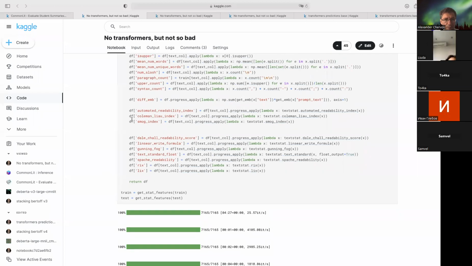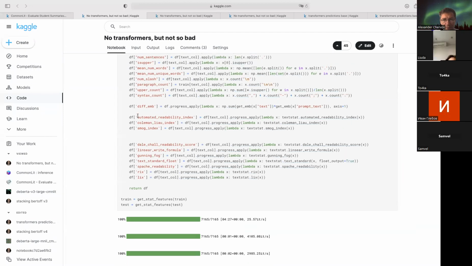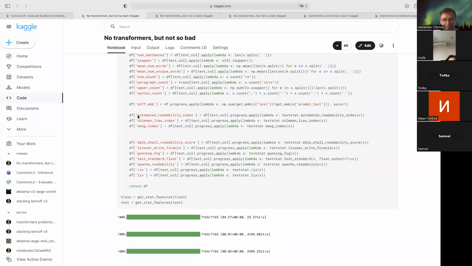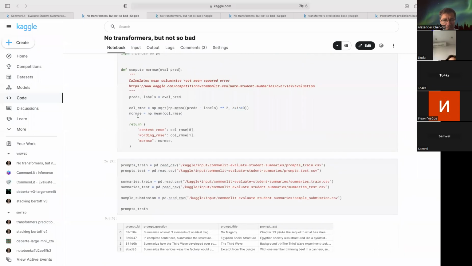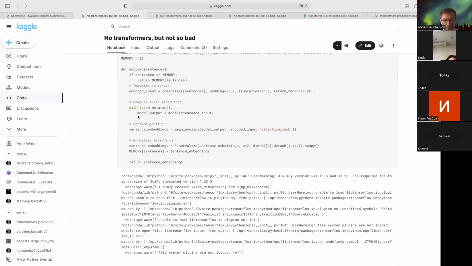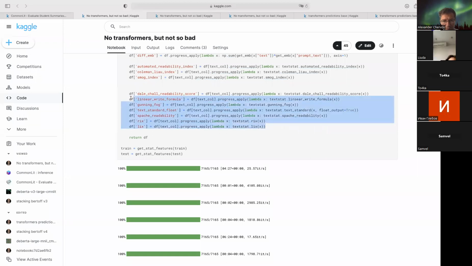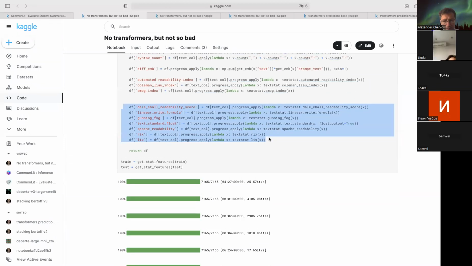Okay, and how long does it take to make sentence embeddings and to calculate cosine similarity? Yes, it will take a long time. Actually, I have to say that these features from the text stat library also take a big amount of time to calculate. These are simple features, but they are calculated for a long time.